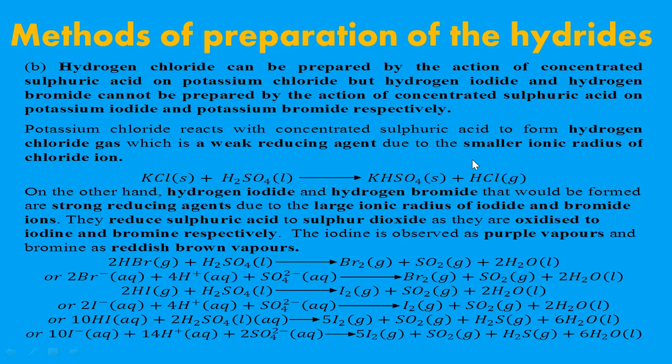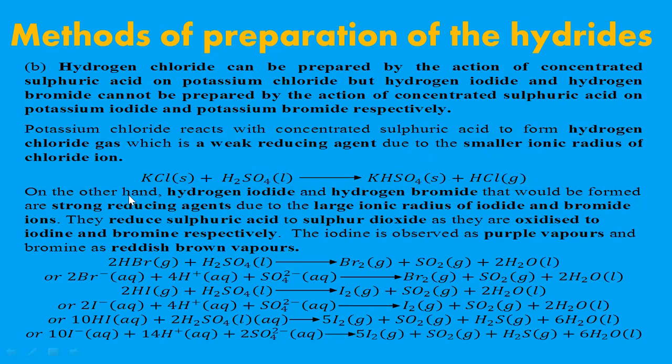These are covalent compounds, so don't talk about the ionic radius. That's why the hydrogen chloride cannot reduce the sulfuric acid, so the reaction ends there.